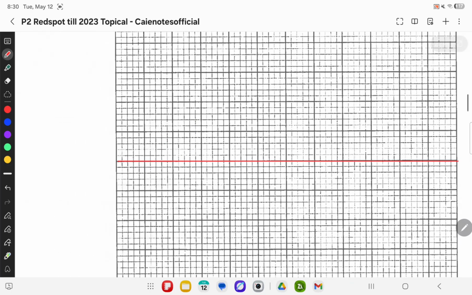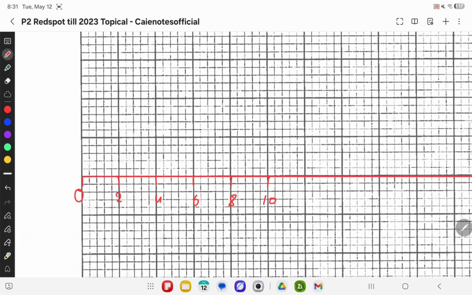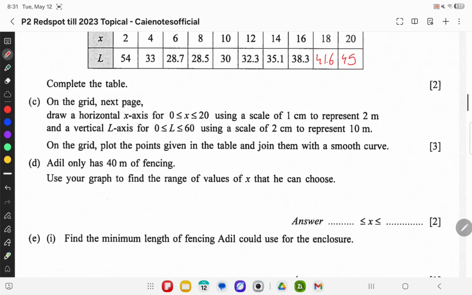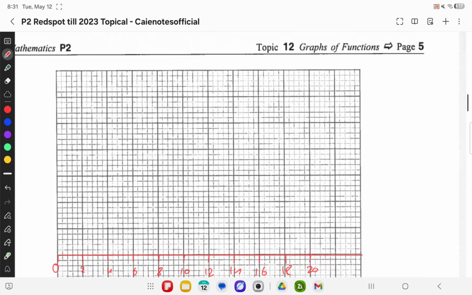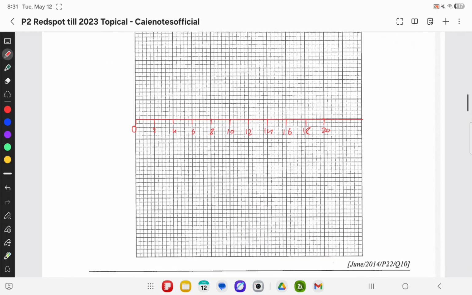So this is 0 to 4, 6, 8, 10, 12, 14, 16, 18, 20. Dude, is this even right? I do not even know what a centimeter is.